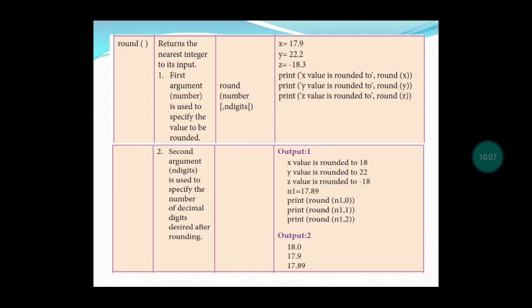Only one digit is accepted. So it gives 17.9. That is, 8, 9 is there. 8 means more than 5. So the 8 has been converted to 9. So 17.9. And n1 comma 2. 2 digits it will accept. So it prints the value as 17.89. So this is the round off function which has been used in various ways.